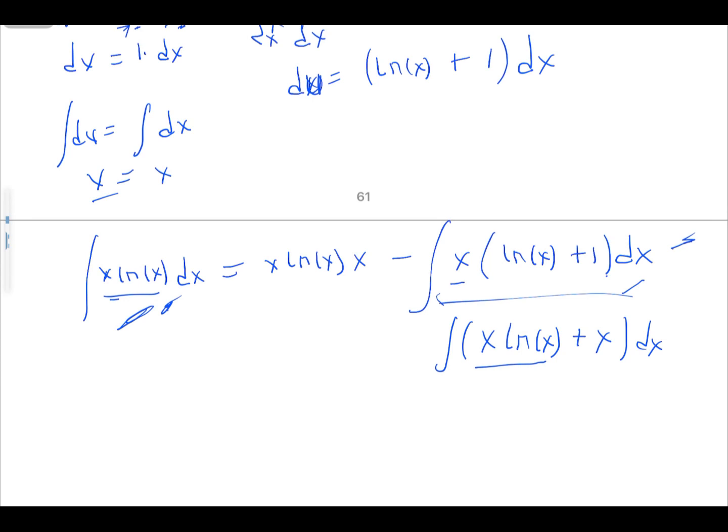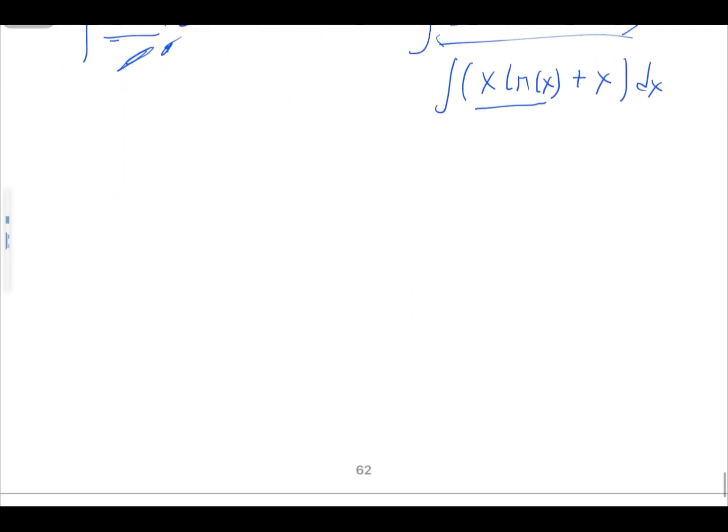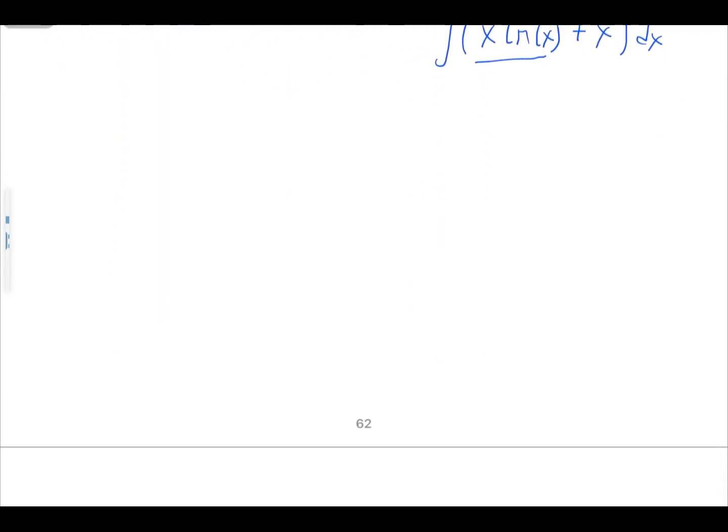So in view of this, we will have to reconsider our variables or our functions that we assign for dv and then our u. Therefore, we are supposed to go to the next trial. So now the next trial is that we have our function to be integral of x ln x dx.